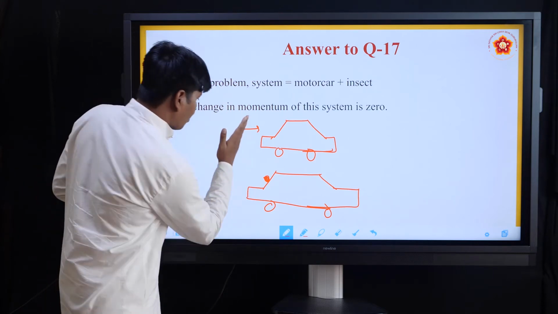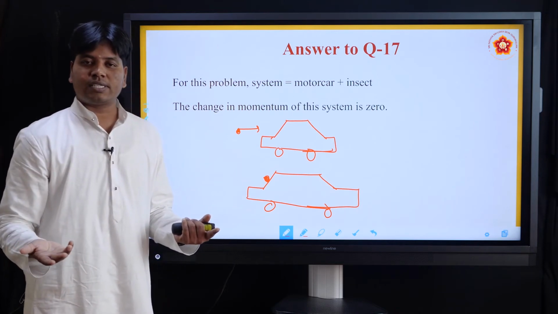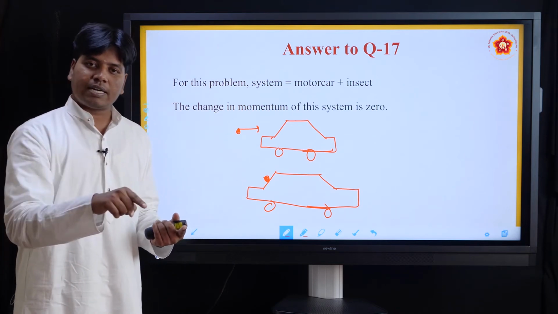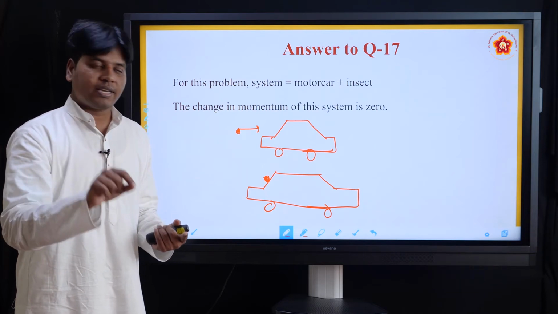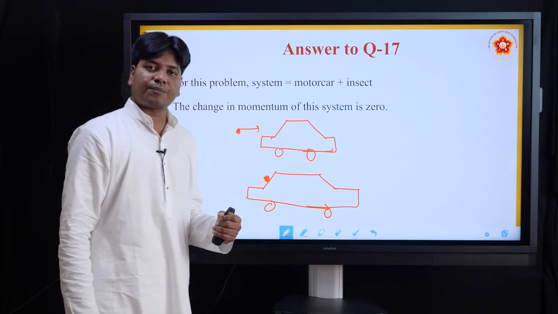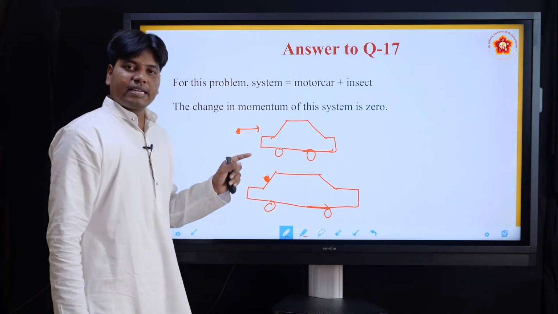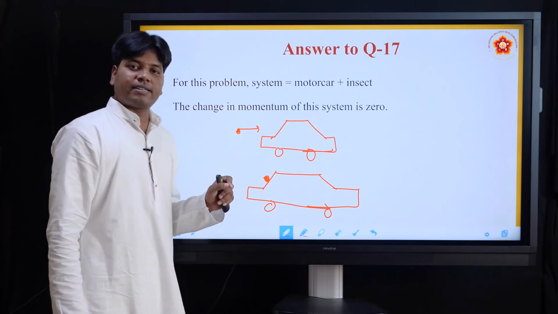And the mass of the insect and the mass of the car are constant. They are not changing. So if the momentum changes, what is observed here? Only the velocity can change, as the mass is constant. So the velocity is changing for the insect.